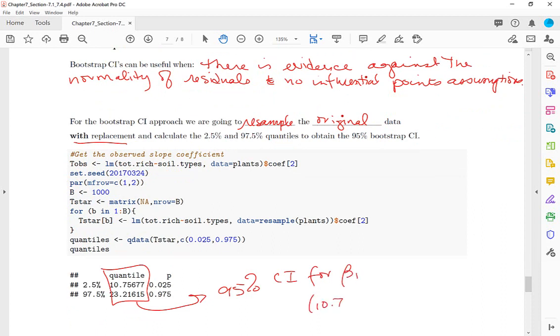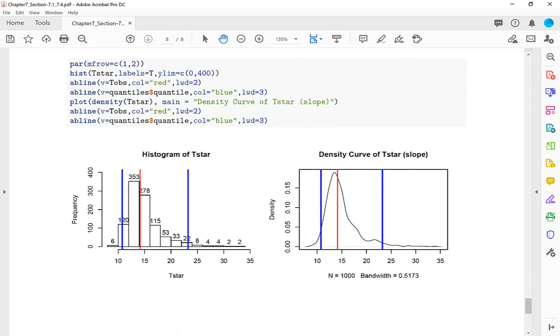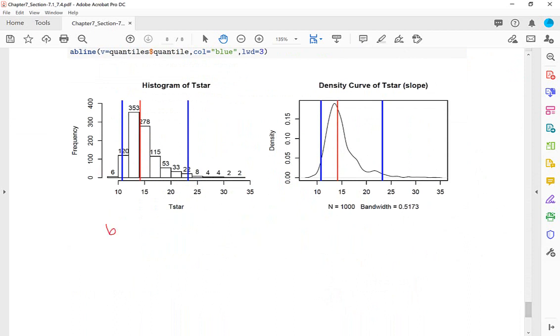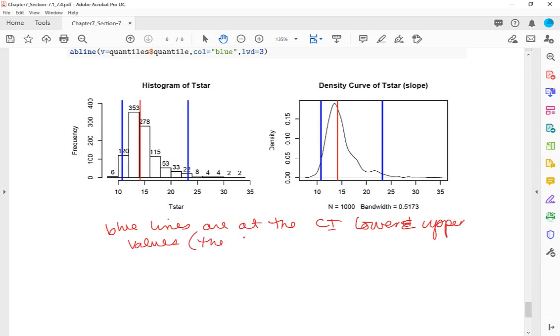So 10.76 to 23.22. Here's the histogram and the density curve of our bootstrap distribution. The blue lines are at the confidence interval, lower and upper values, at the quantiles.